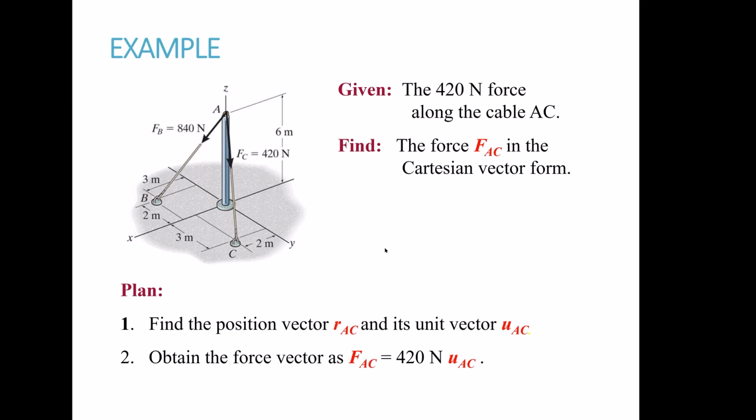What we want to find is the force vector, in vector form, from A to C. This is what we're looking for. We have some magnitude, which we're given, FC, and then we have a direction vector, the unit vector UAC. So all we really need to find in this case is just that unit vector.